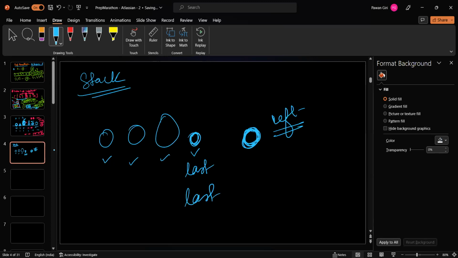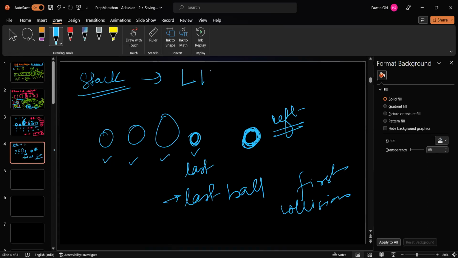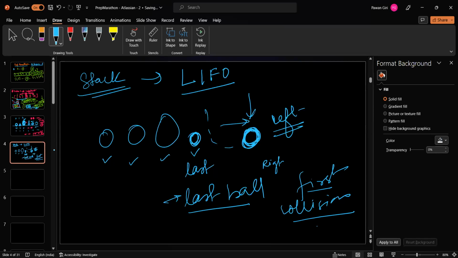Last ball, first collision. Do you get the hint from here? What property is the stack based on? It is based on last in, first out. Here, the last ball moving to the right will collide first with the first ball moving to the left after that. You got it?